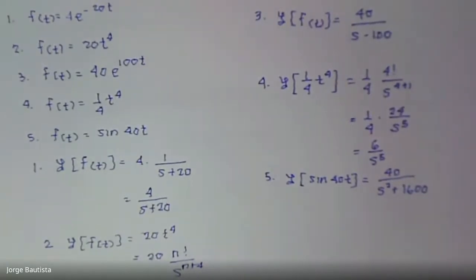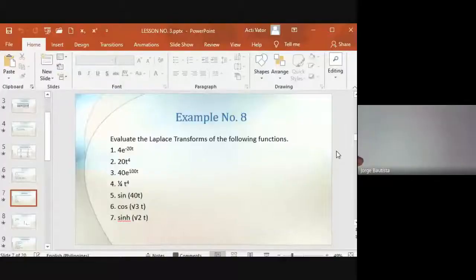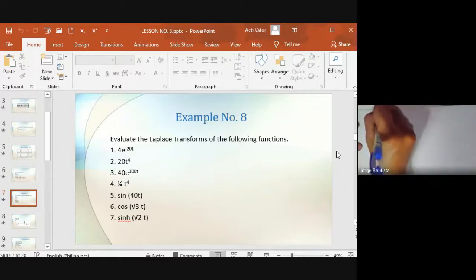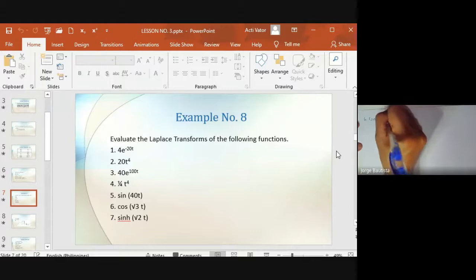Okay, next. Let's go to the next set of questions. Share natin muna, 6 to 10 naman. So, you have number 6, that is cosine square root of 3 t.